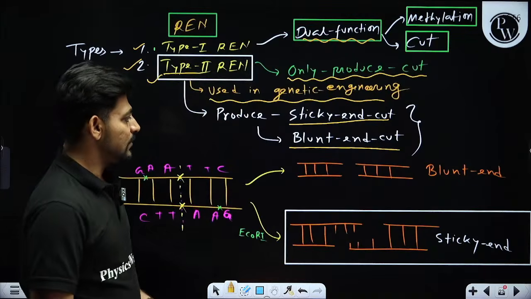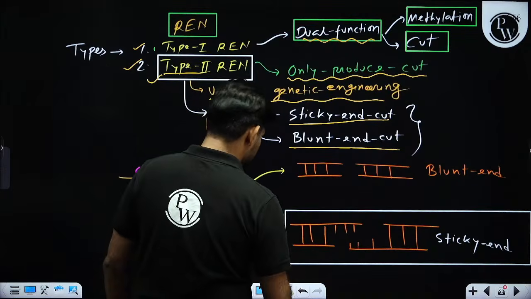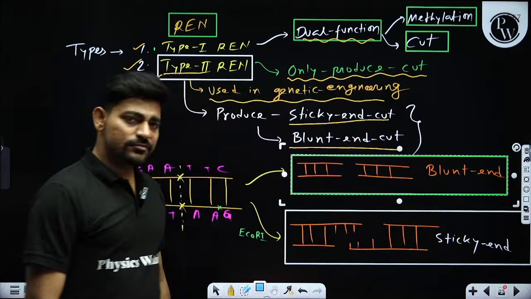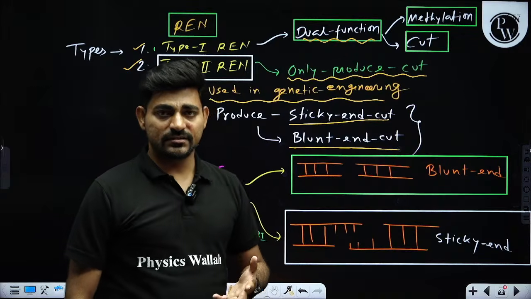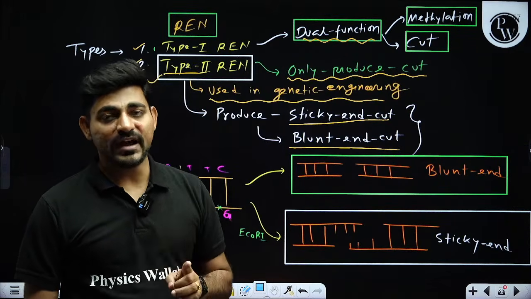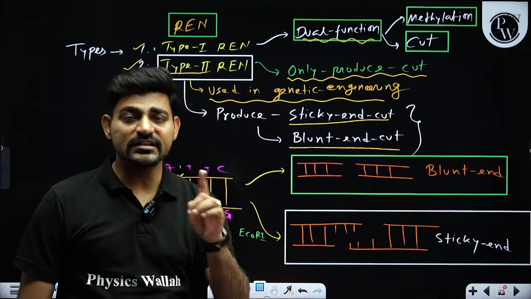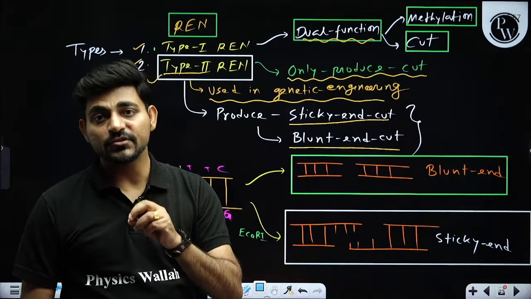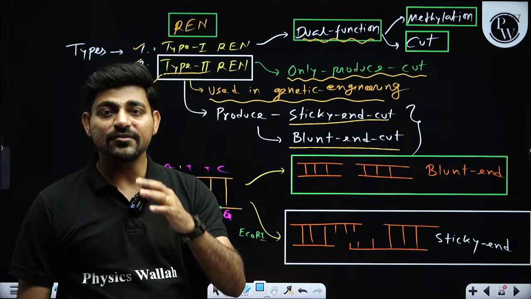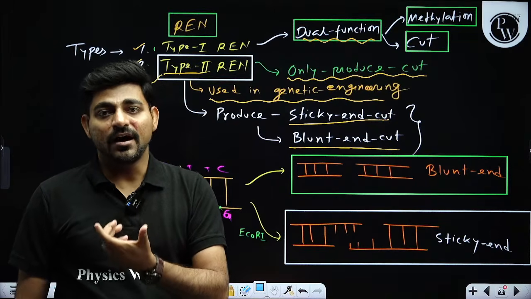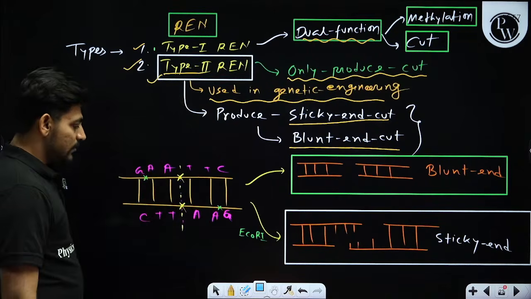Remember, if a restriction enzyme is producing a blunt end cut, that is not much usable for us if we want to construct a recombinant DNA. So most of the time we will choose those restriction enzymes which produce sticky ends, or flanking ends, if you want to perform rDNA technology inside your laboratory.